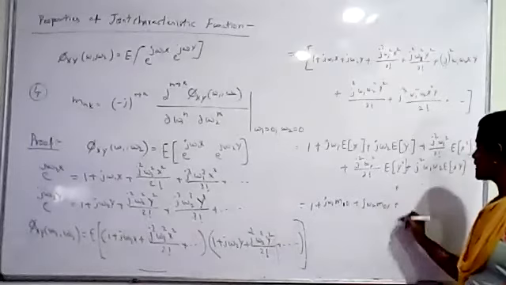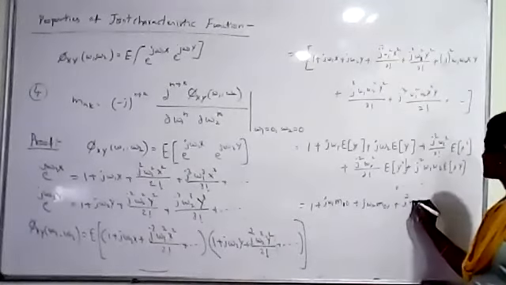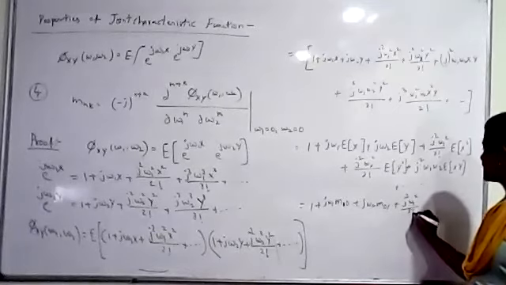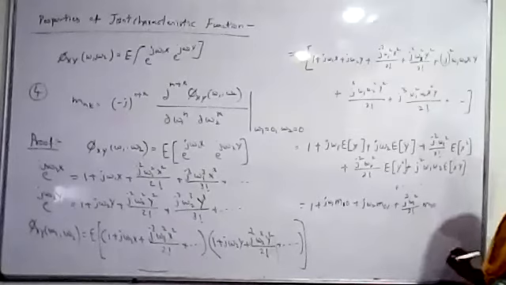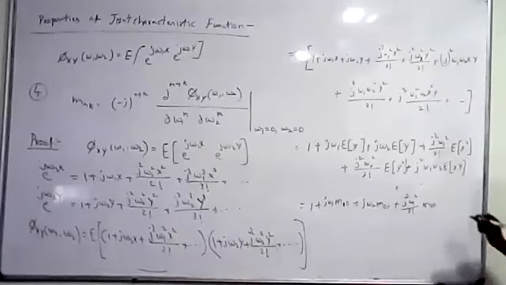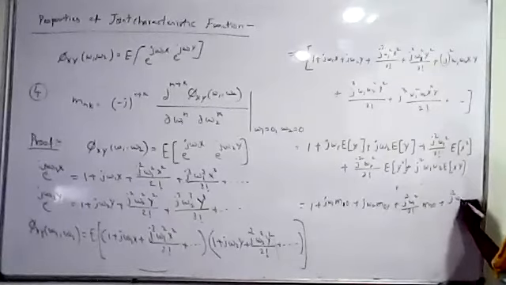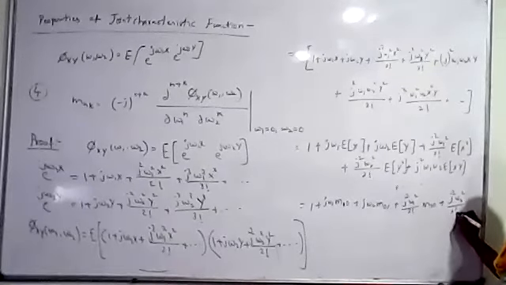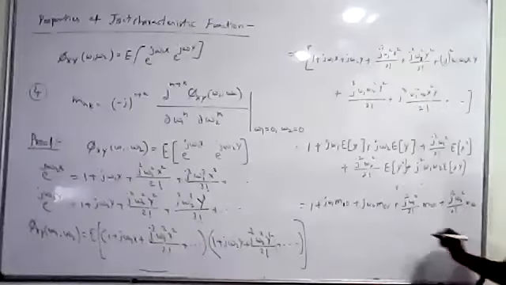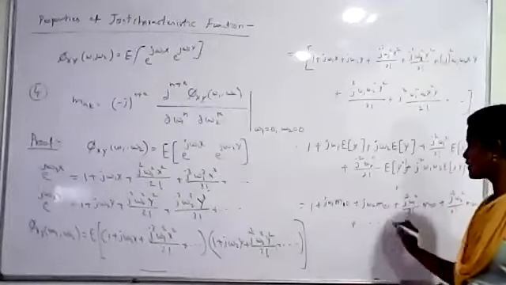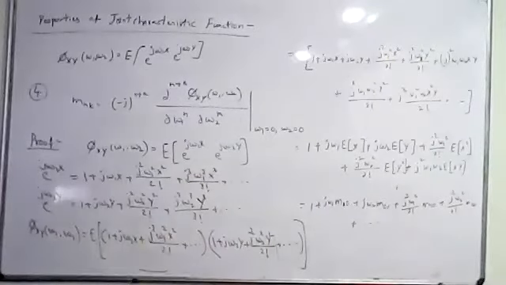And similarly, the expected value of x square is the second order joint moment, and j square omega 2 square by 2 factorial gives M02, plus so on. Any doubts here?